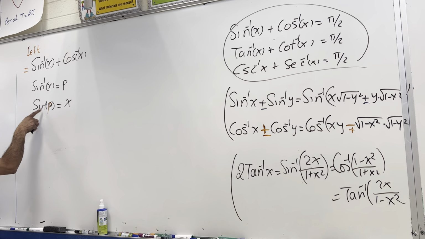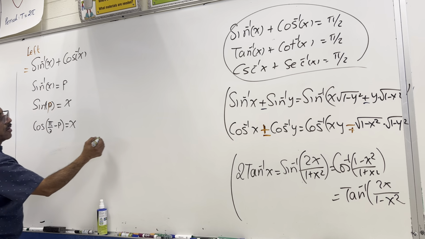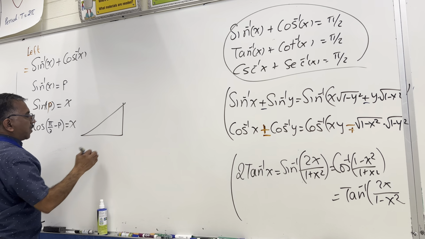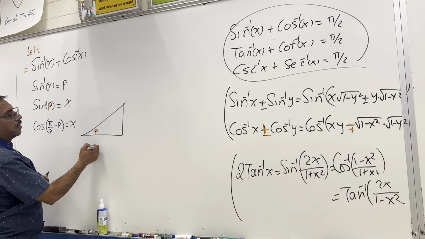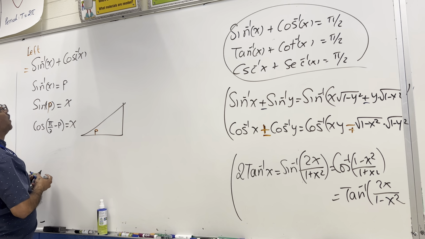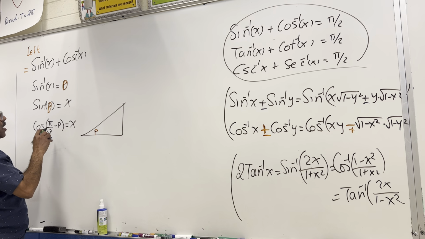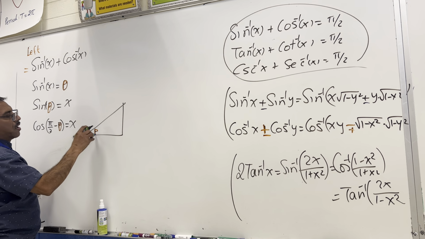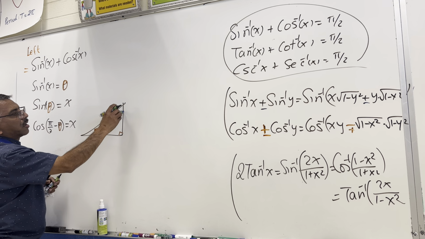this sine p is also the same as, we can write, cosine of pi by 2 minus p equals x. It's the same reasoning. Suppose this angle is p, or let's take it as theta, because we are always taking theta, right? So we can write this angle as theta, this is 90, this becomes 90 minus theta.